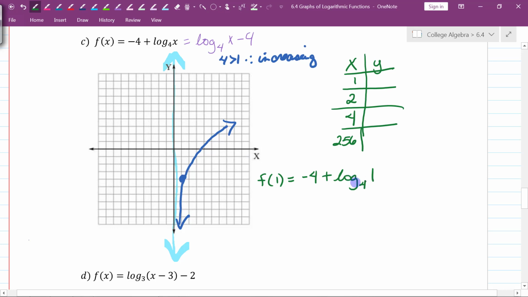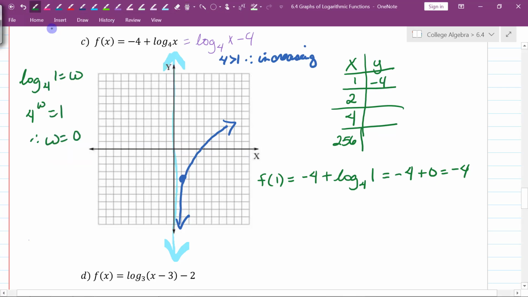Or I can go log base 4 of 1 equals w, and then 4 to the w equals 1, therefore w equals 0, because that's the only value that would make that true. I chose w because I'm really solving this whole equation for y. So I know that this is equal to -4 plus 0, which equals -4. So that is what y is equal to.